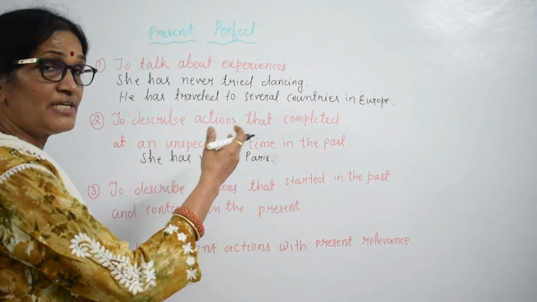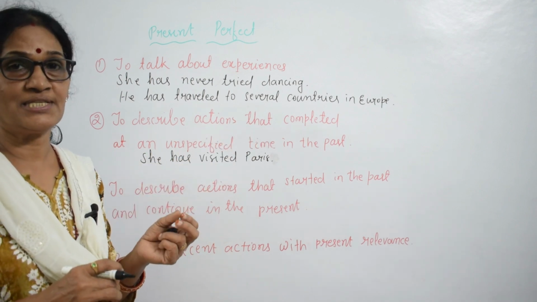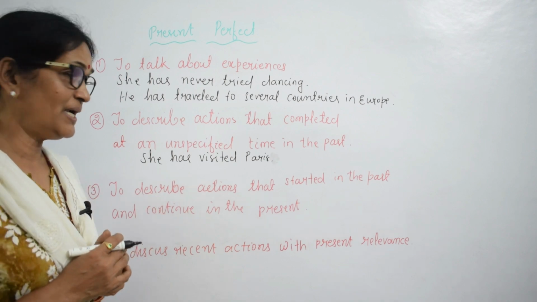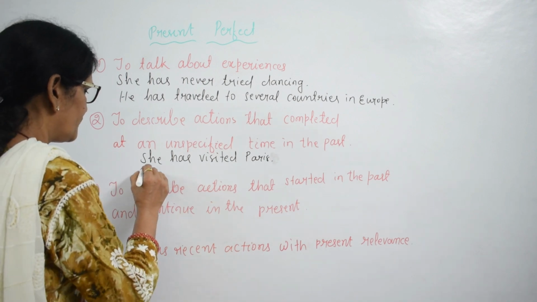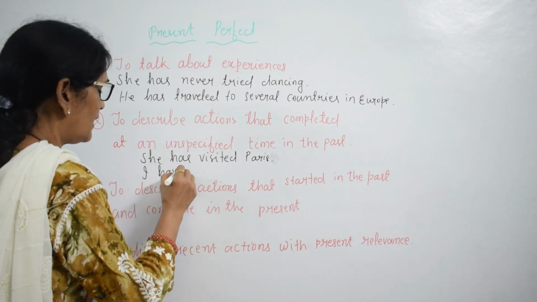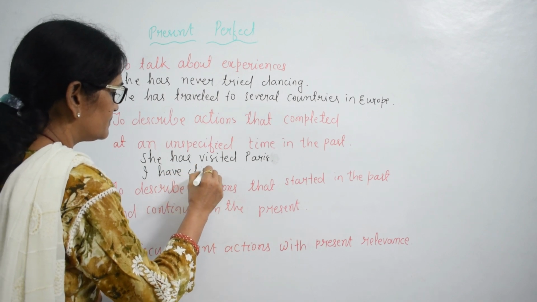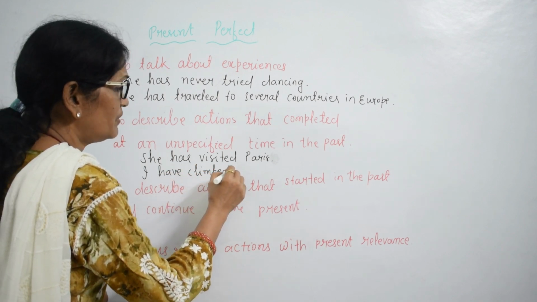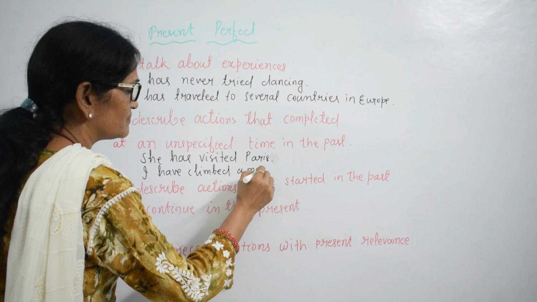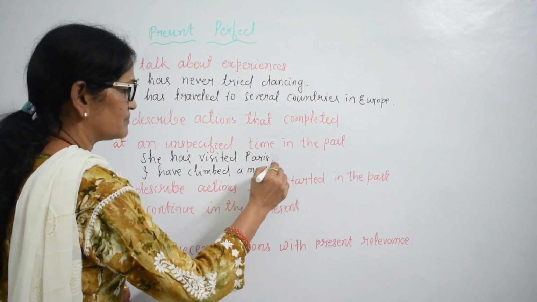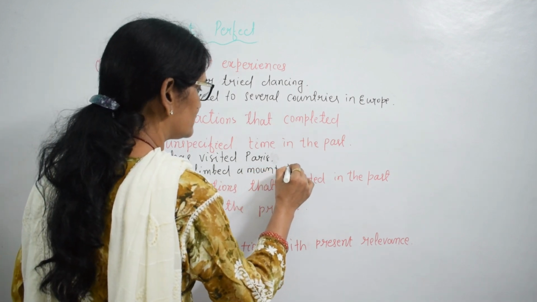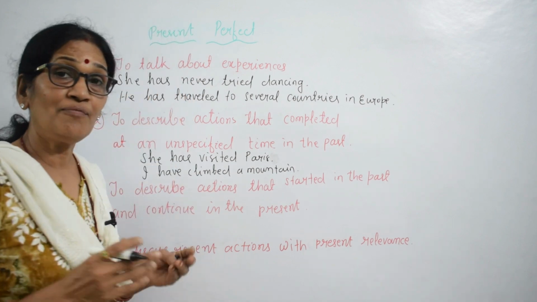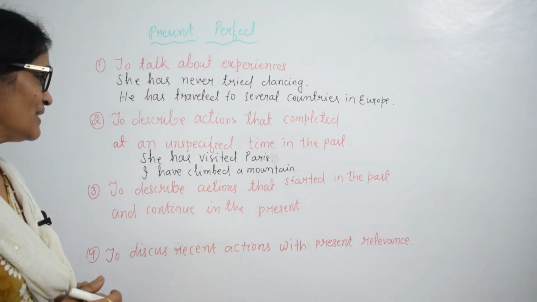She has visited Paris. That will be expressed in present perfect, right? Then, I have climbed a mountain. I have played cricket.